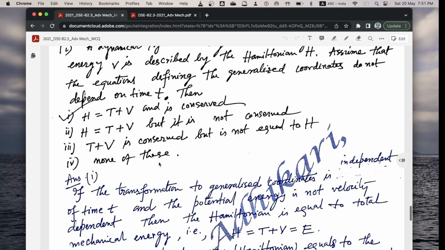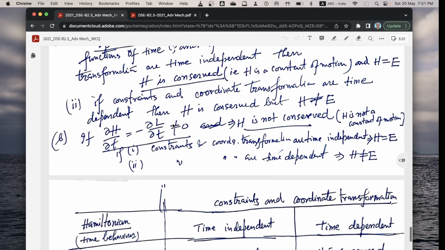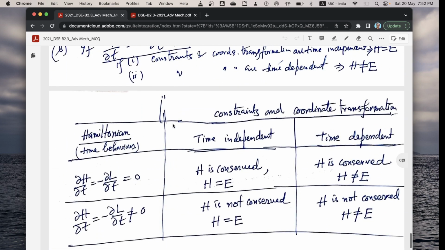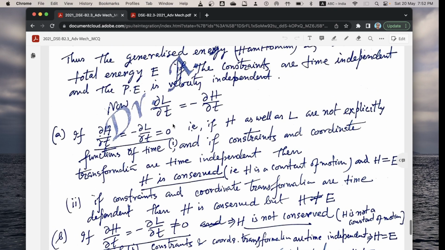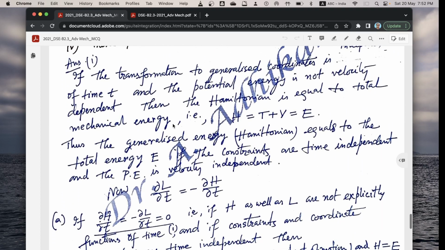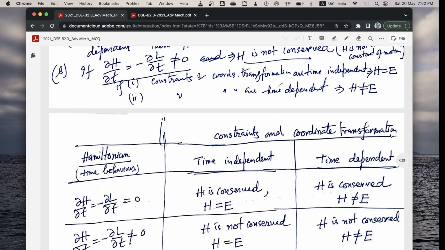The generalized coordinates do not depend on time t, then H is conserved, and H equals T plus V equals the total energy E in this case.